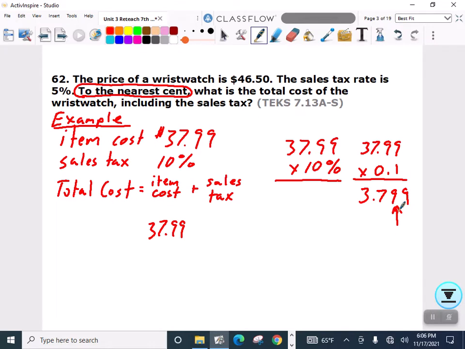So we look at the next, and we see that it is 5 or larger. So this turns into $3.80 worth of tax. So this is going to give us $41.79.